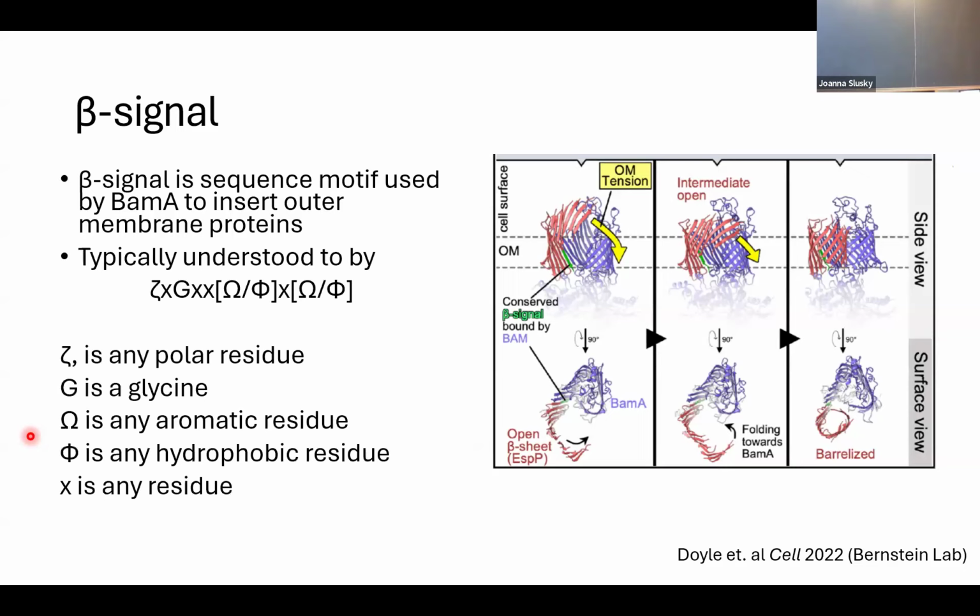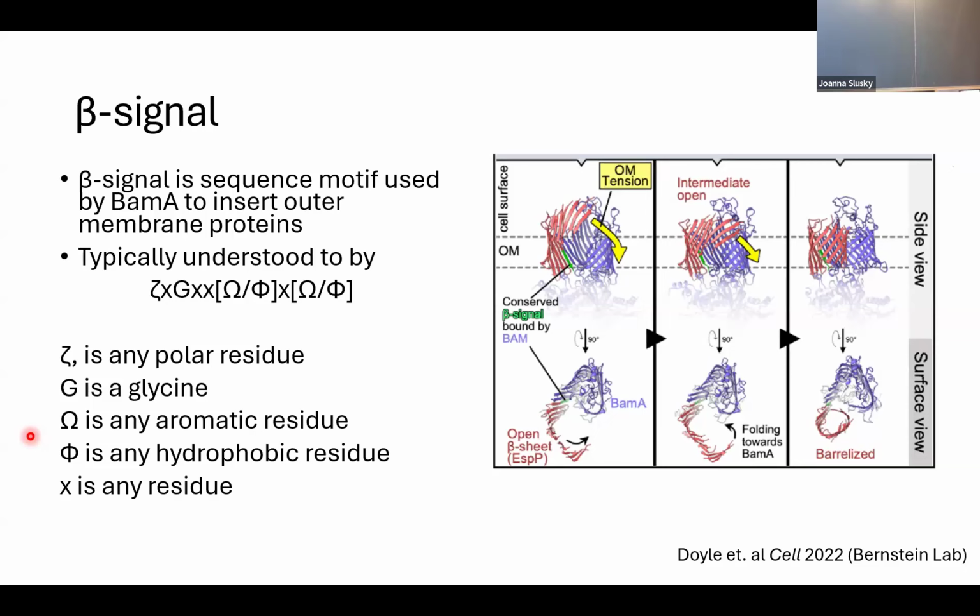And that sequence motif has a complex possible name where they say, okay, so it could be that you've got any polar residue and then something, and then glycine, and then something, something, and then an aromatic residue or hydrophobic residue, something, aromatic residue, hydrophobic residue. But that's the signal sequence, and in the client protein that's getting inserted into the outer membrane, it is at the C-terminus, like I said.